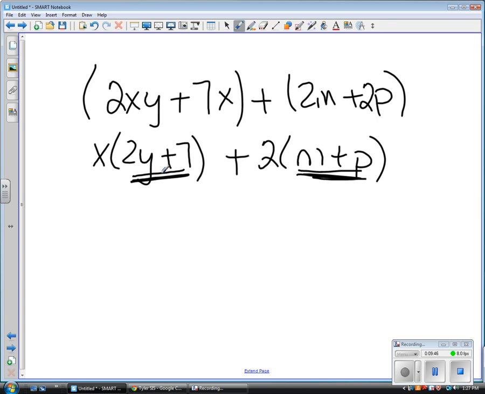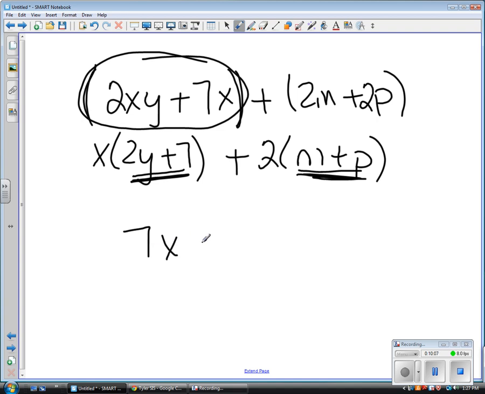Yes? Why didn't you take the 2 out? Why did you take the x? Because I said if I group these 2 things right here, the only thing these two have in common is an x. Now, is that going to say that that would have been any easier than me rewriting this, 7x plus 2xy plus 2m plus 2p?